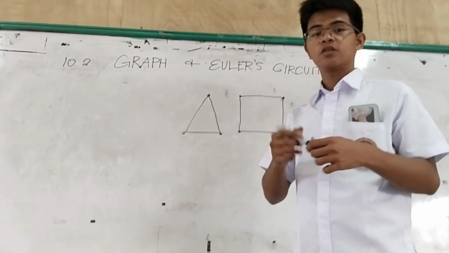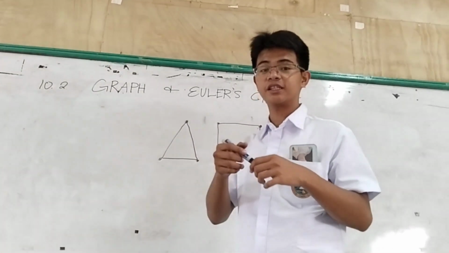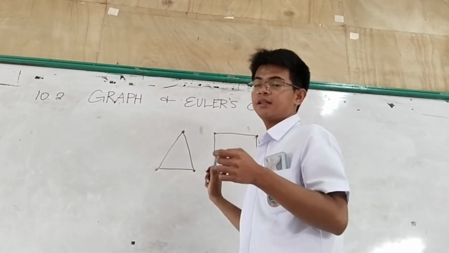So, what does a cycle graph mean? A cycle graph is a graph where every vertex has degree 2.